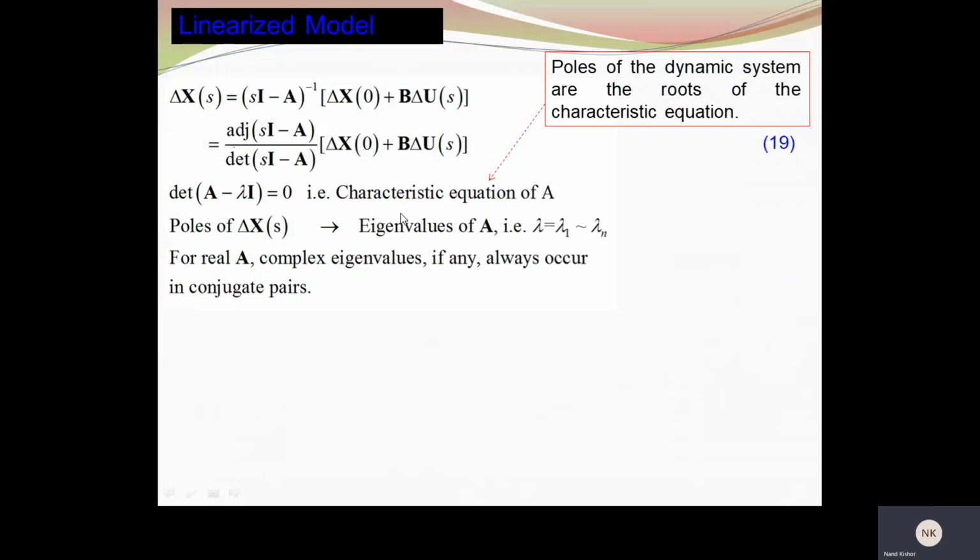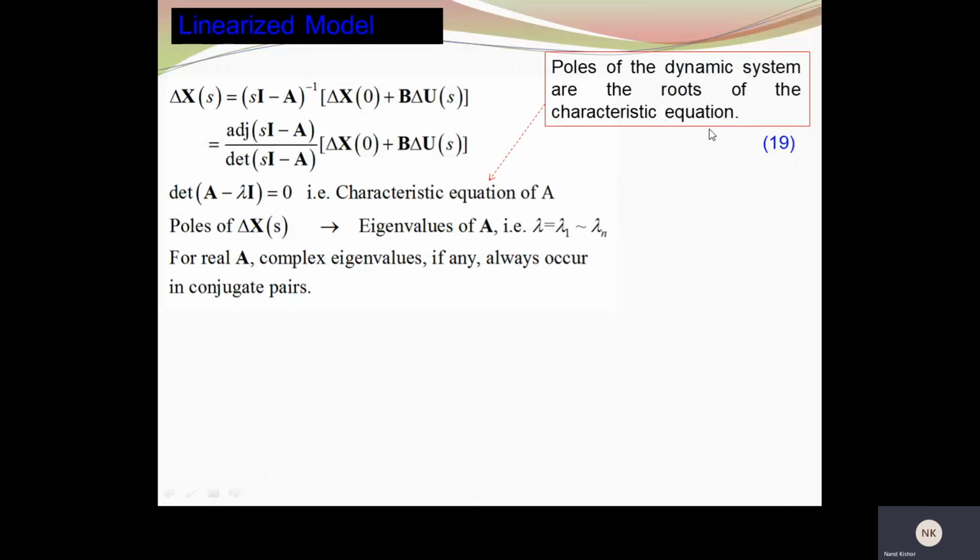That is basically the characteristic equation of a matrix A. So from here we can get the poles of the dynamic system, which will be the roots of the characteristic equation here. Now the values of s which satisfy this characteristic equation are also referred to as eigenvalues of the matrix A here.